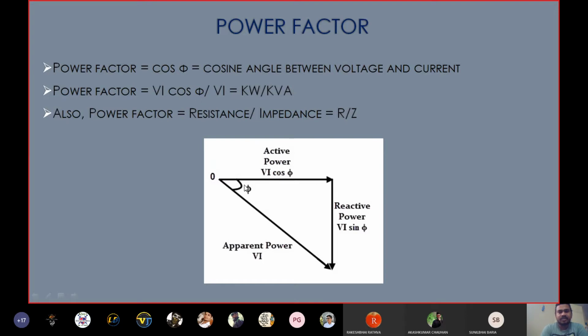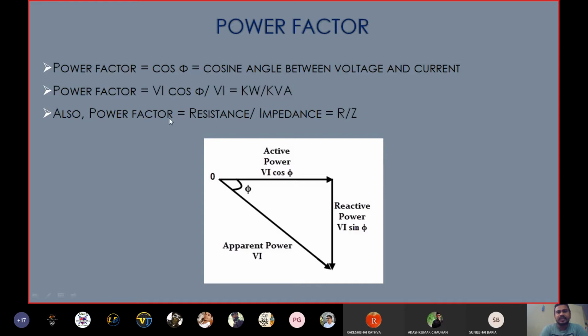So from this power triangle we can write that power factor is equal to VI cos phi divided by VI, or we can write that it is kW divided by kVA. So it is active power divided by apparent power.